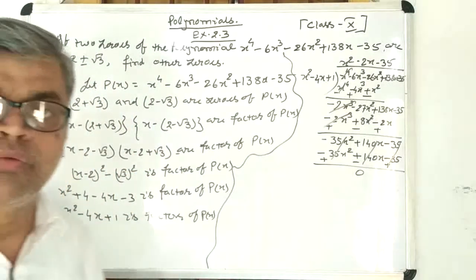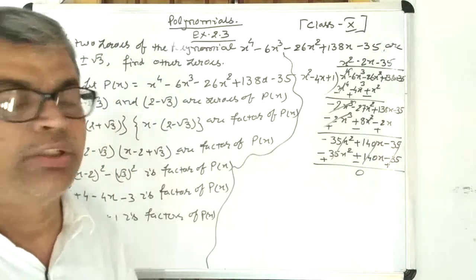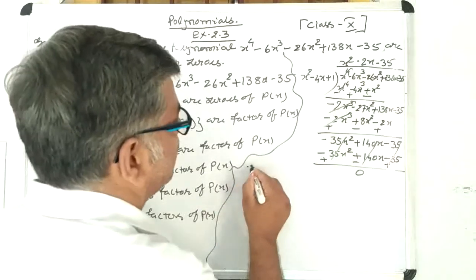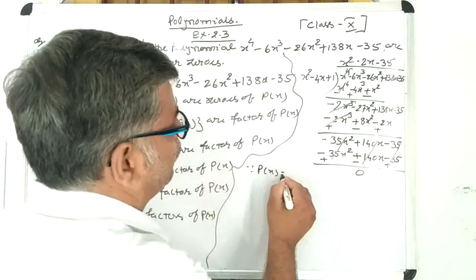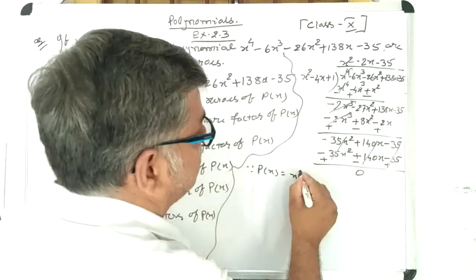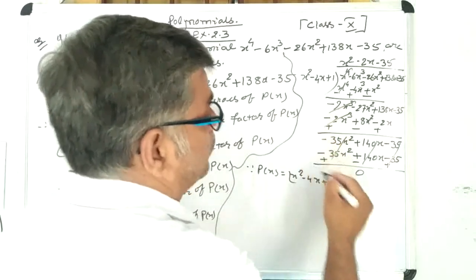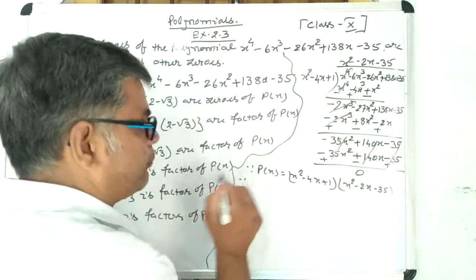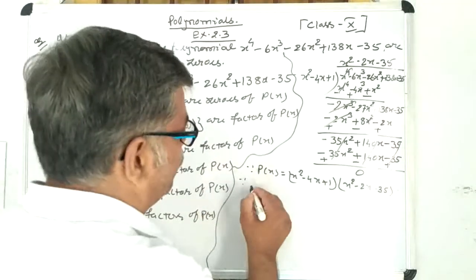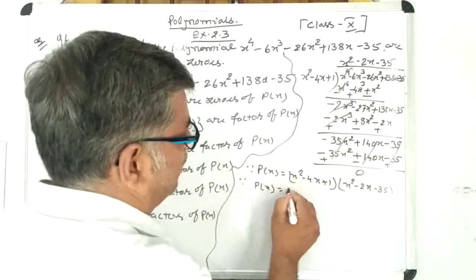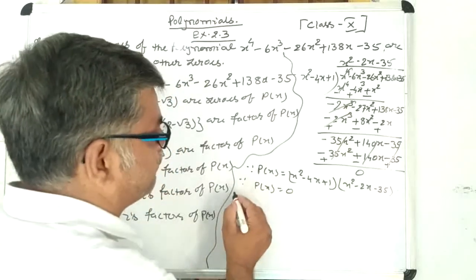Now applying the formula, dividend equals divisor into quotient, you can write P(x) equals your divisor x square minus 4x plus 1, and your quotient is x square minus 2x minus 35. Now you need to find the other two zeros, so make the polynomial P(x) equal to 0.